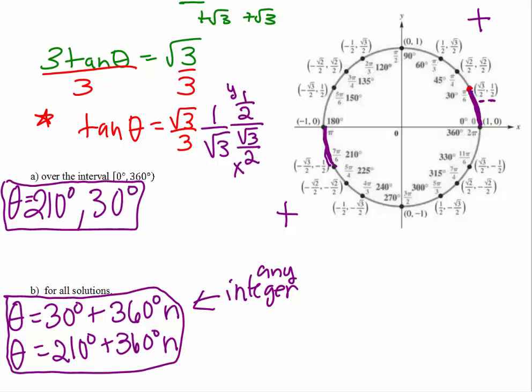If I look at these 2 points on the unit circle, we notice that 30 degrees and 210 degrees are actually equally spaced around the circle. They are 180 degrees apart.